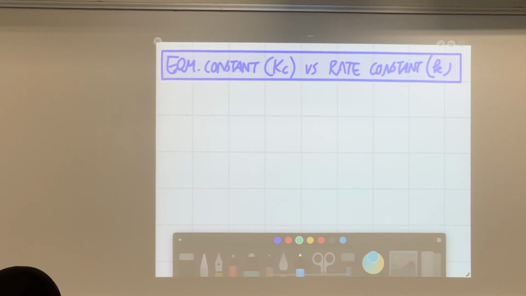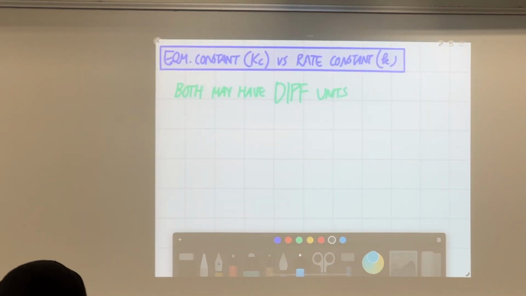So both have some similarity. Both may have different units. Not like concentration. Concentration must always have the unit mole per dm cube. But Kc and k, depending on how you write the equilibrium, are different. So let's take a look at the units of Kc first.